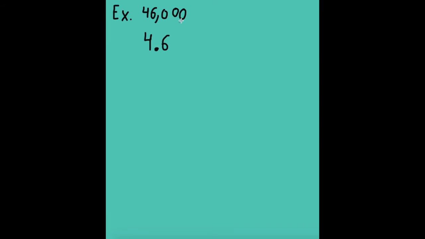Now, let's look at 46,000. When we keep a decimal after the 4 and count how many we have left to the end, we notice that we have 1, 2, 3, and 4. Therefore, we have the answer 4.6 times 10 to the 4th power.